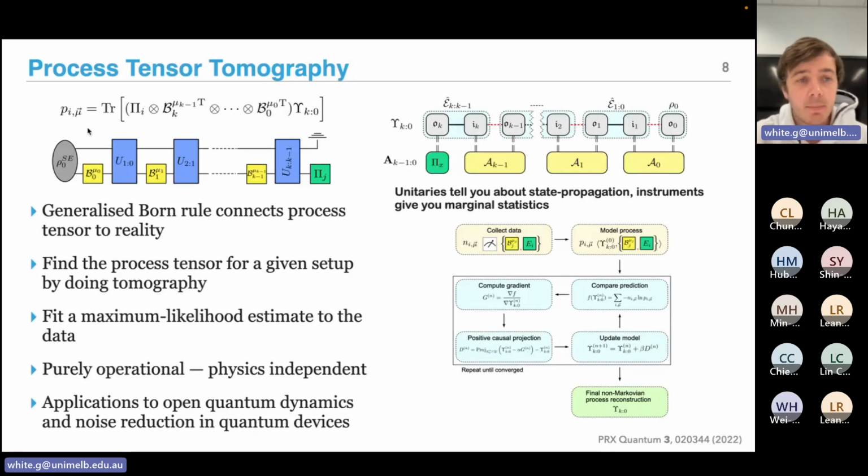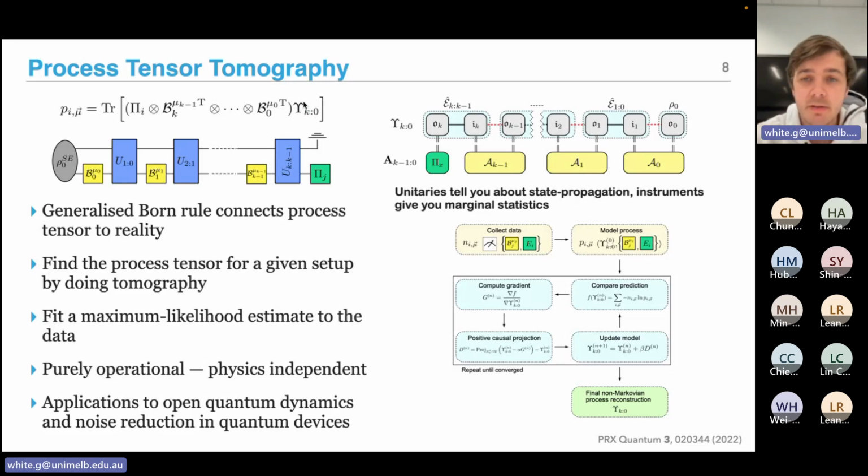Every time I apply a series of control operations, then through this generalization of the Born rule, I determine something about my process tensor, which is depicted by this epsilon here. And so if I run enough different sequences, then that allows me to fully reconstruct the underlying map.